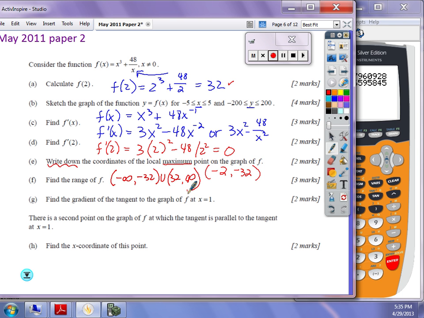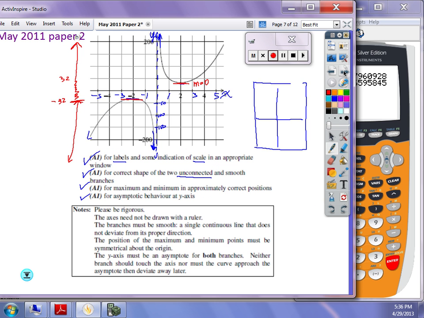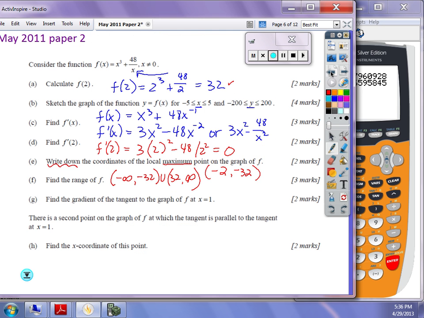Next, I'm asked to find the slope of the tangent to the graph at x equals 1. At x equals 1, so right here, I'm going to be finding the slope of this line. Here I'm tangent to the graph at 1, and I want to find the slope of that line.